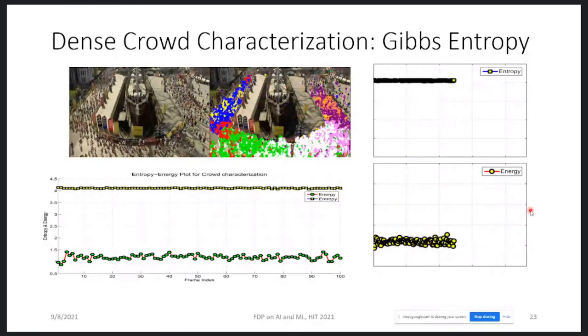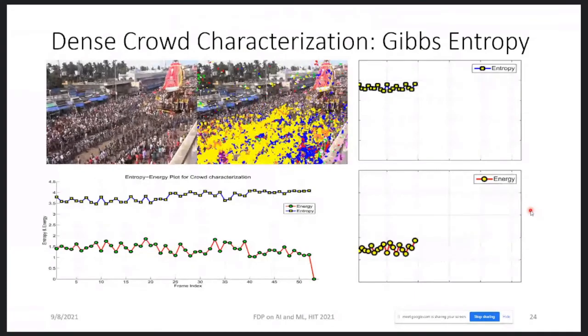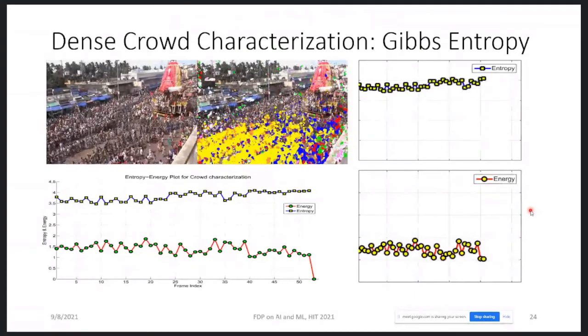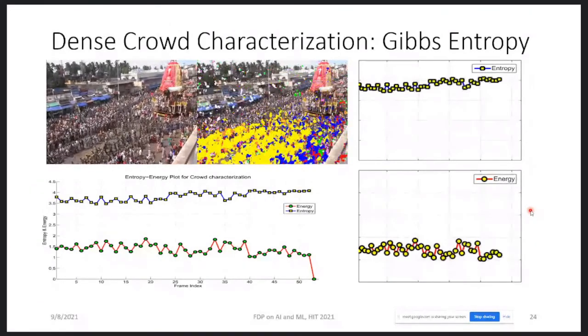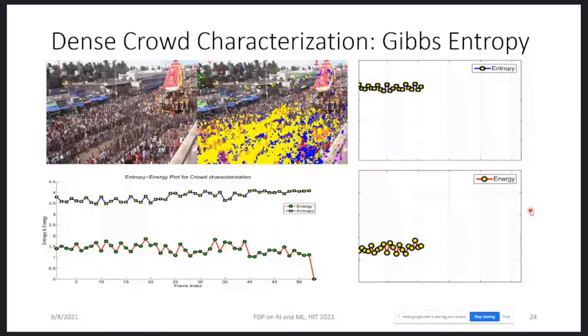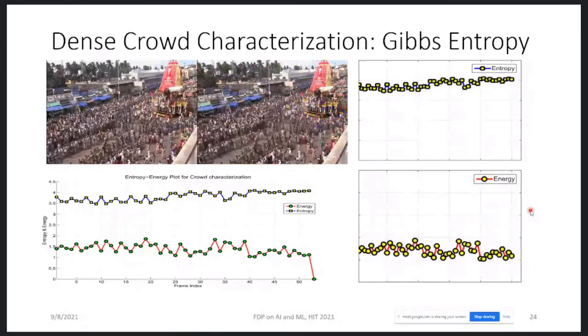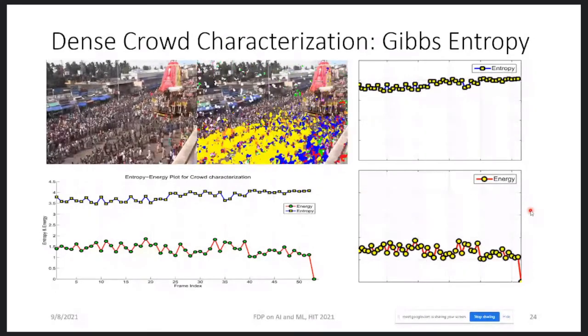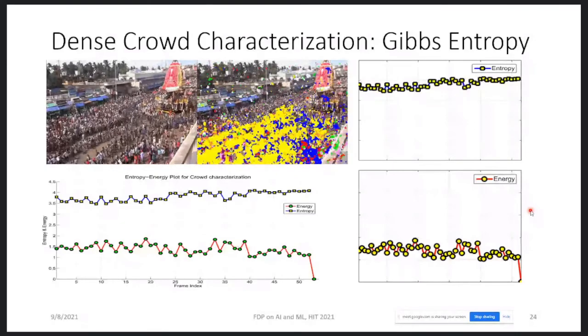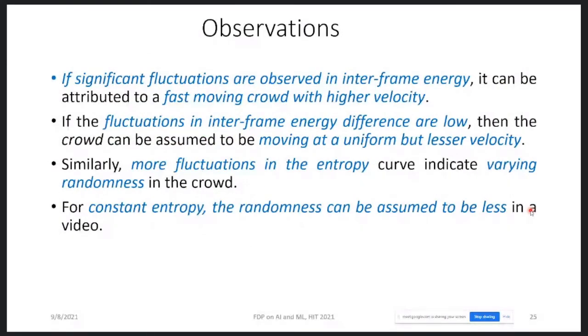This is one type of crowd. And when we see it for a different type of crowd, like the Puri Rath Yatra crowd, we see that entropy is high, but entropy is basically fluctuating. These are all based on our velocity estimation and position estimations. And they are of two different crowds. So what we can observe is that if significant fluctuations are observed in interframe energy, it can be attributed to a fast moving crowd with higher velocity.